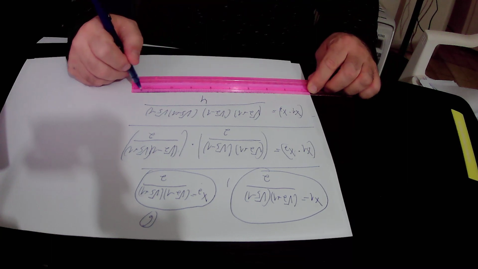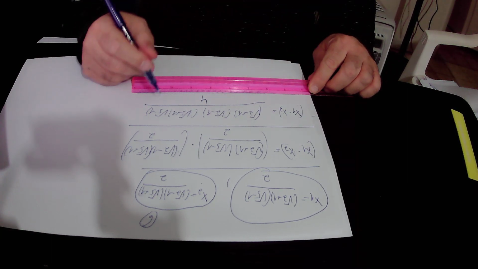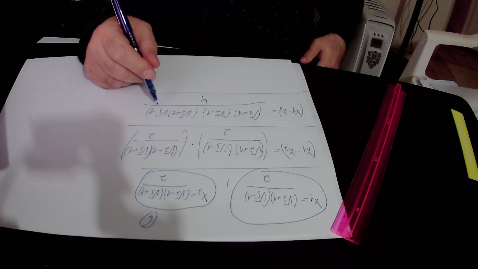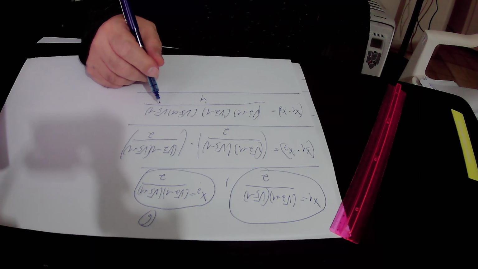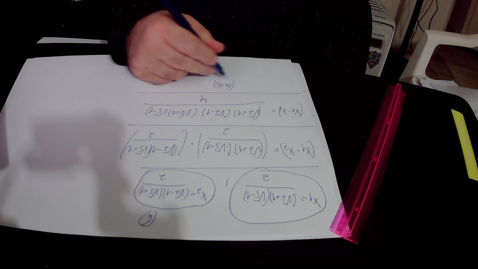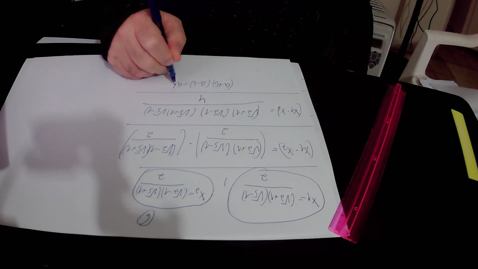So here we have square root of 2 plus 1 times square root of 2 minus 1, and we also have square root of 5 plus 1 times square root of 5 minus 1. We'll calculate the value of the multiplication of those two expressions by the algebraic identity that states that a plus b times a minus b equals a squared minus b squared.